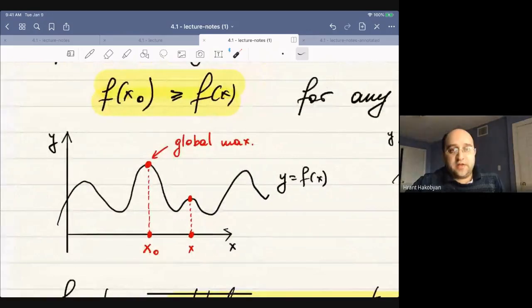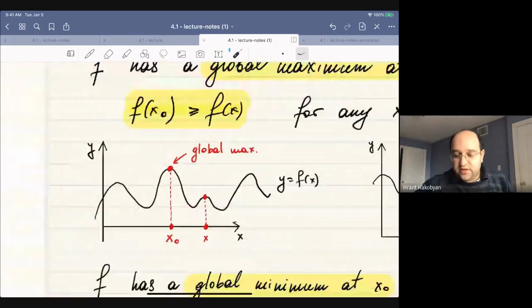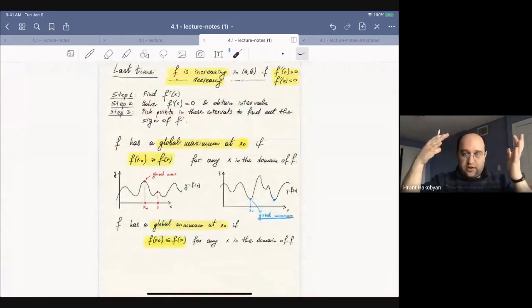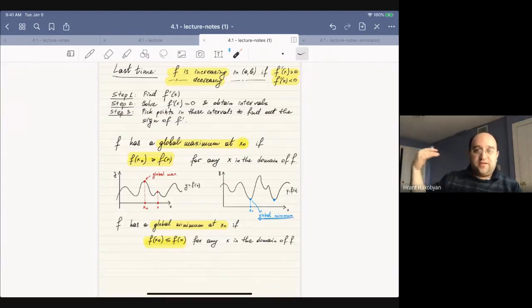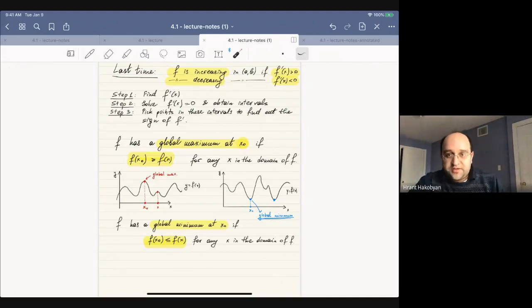Just to think of an example, think of the highest points on land. Overall on the earth, the highest mountain is Everest, somewhere in Asia, right? That would be an example of something that's an absolute or global maximum.